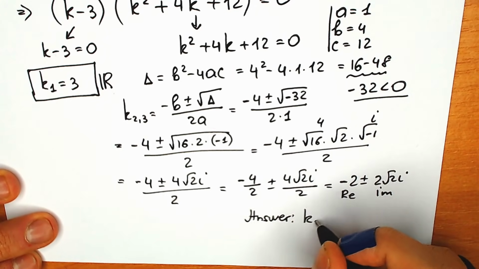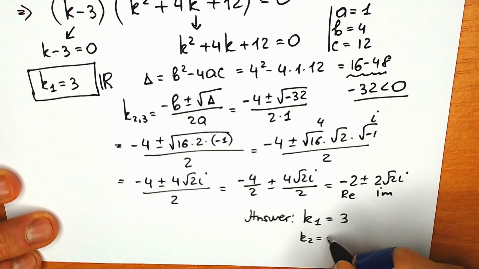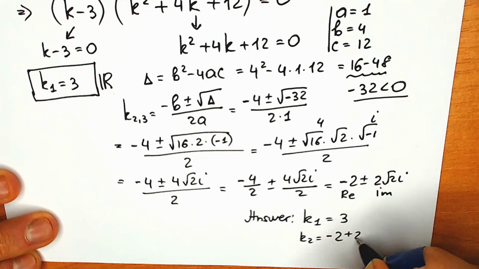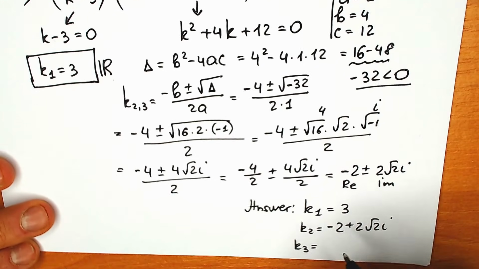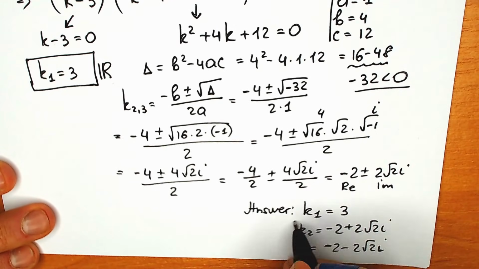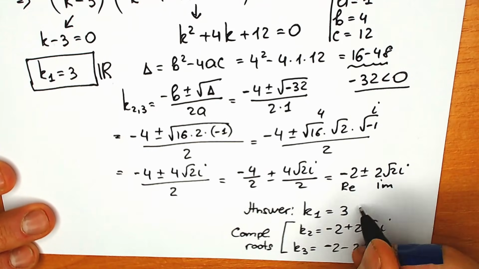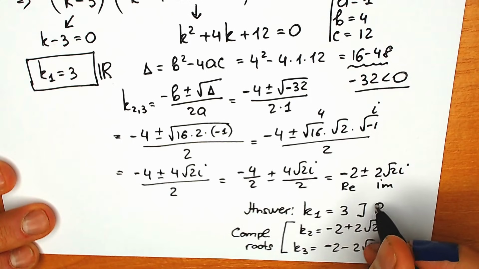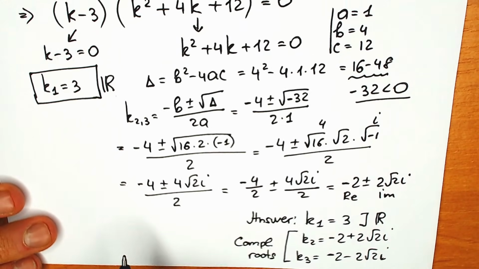So k first equal to 3, k second equal to minus 2 plus 2 square root of 2 times i, and k third equal to minus 2 minus 2 square root of 2 times i. So these are our two complex roots, and this is our one real number root.